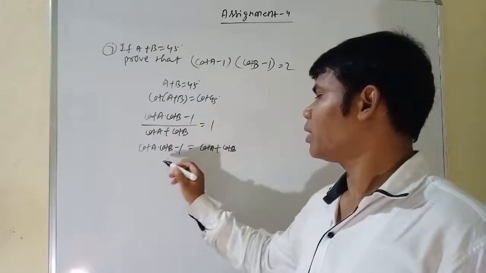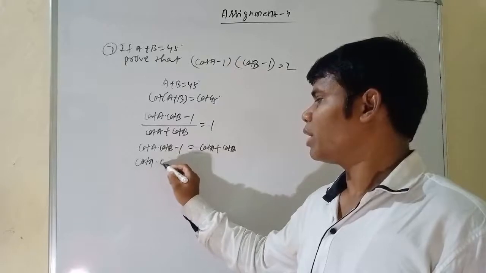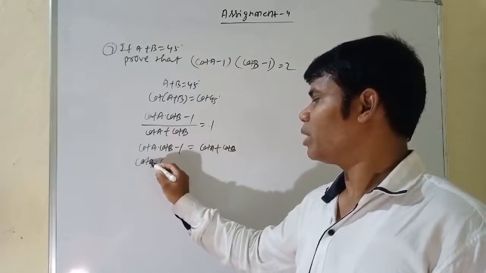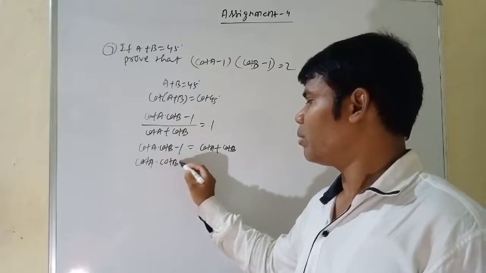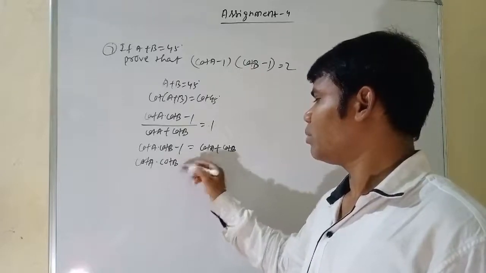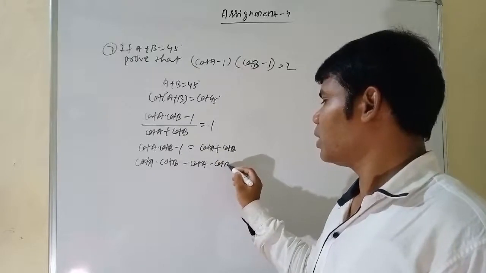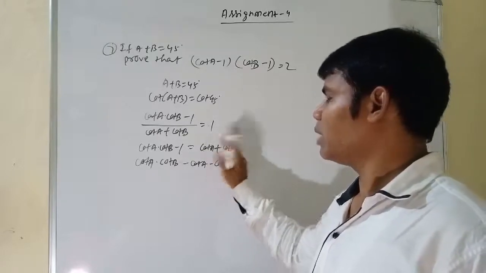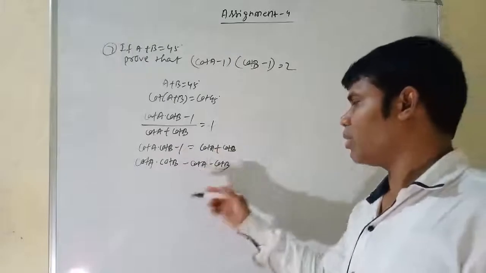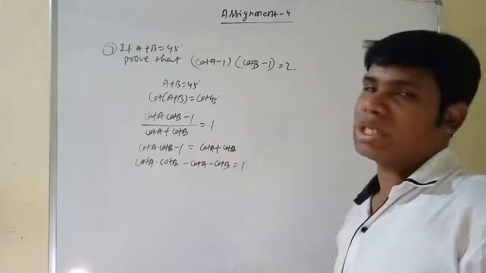Okay, so this is equal to cot a into cot b minus 1, minus cot a minus cot b. Here the cot a plus cot b on the right side I have taken to the left, is equal to this minus 1, you can write here 1.